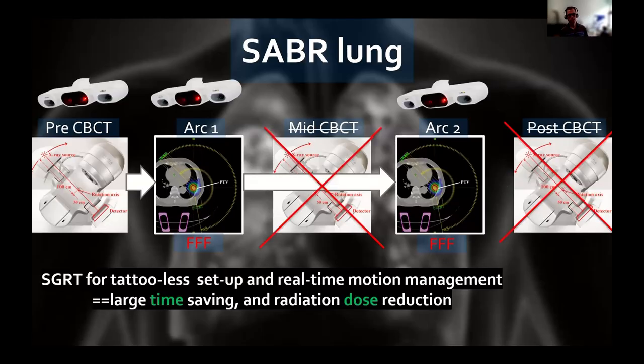Because around the same time of starting Sabre treatment we introduced SGRT, and also flattening filter-free treatments, we got rid of 2 of those cone beams. So we've massively reduced the dose to the patient and had a good time saving there, especially with the triple F combined with the reduction in imaging.